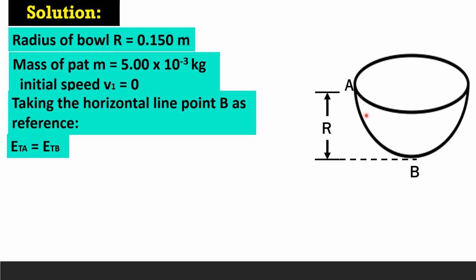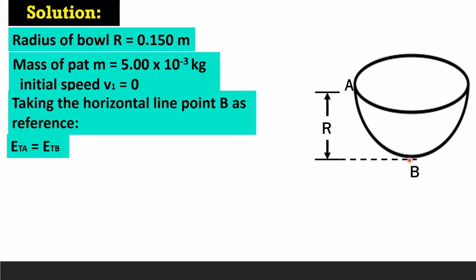The speed therefore is increasing until it reaches point B. So at point B, it has the maximum speed, and therefore it also has the maximum kinetic energy at point B.